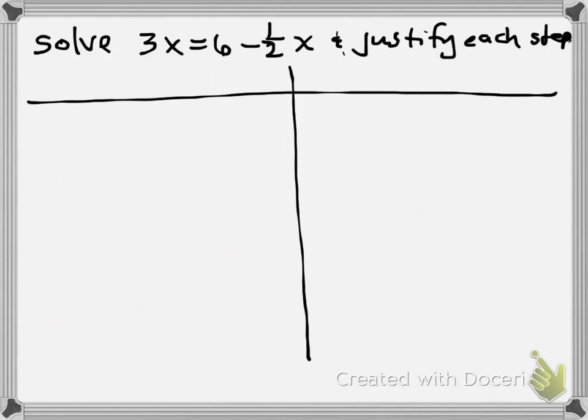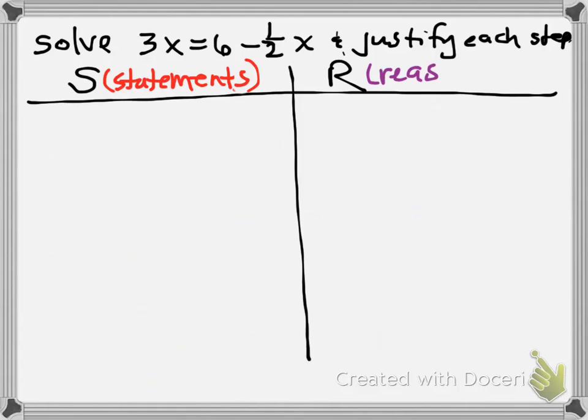You're going to create something that looks like a T-chart. On the left side, you're going to write S, and that stands for statement. So these are facts. Well, they're supposed to be facts. Some people don't always write the truth. And then on the other side is R, and R stands for reason. What is the reason you said each statement?